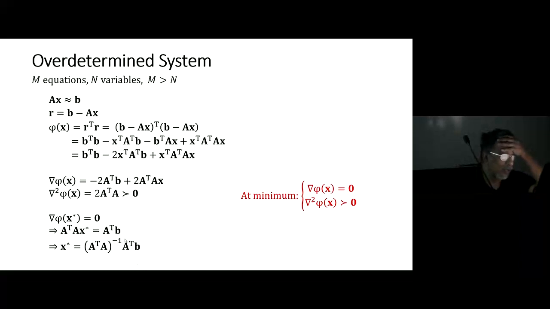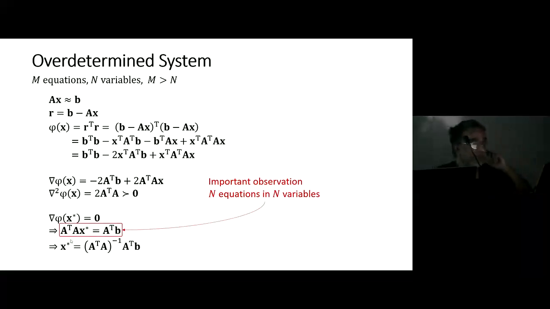Now, let's look at this equation. This is the final equation that we are looking for. Okay, we got the solution x star. But let's look at equation 2. What's A transpose A? What size matrix is it? N, right? X is n dimensions, right?